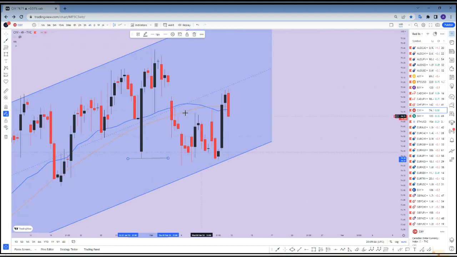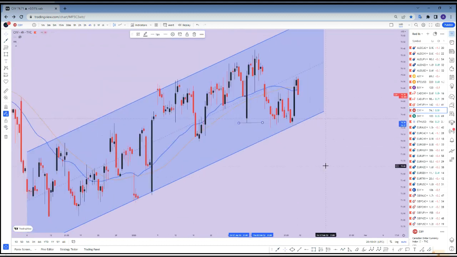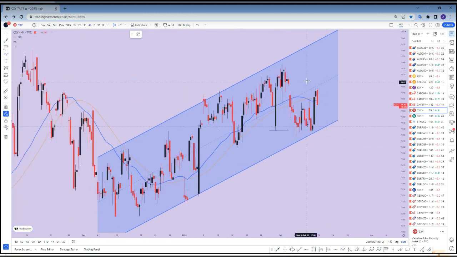After that breakout, price has done a liquidity grab, tested into this void, and reacted with this big candle. So naturally, I think CXY is going to be bearish. But we're still going to confirm all of this from the charts and see how it plays out this week.